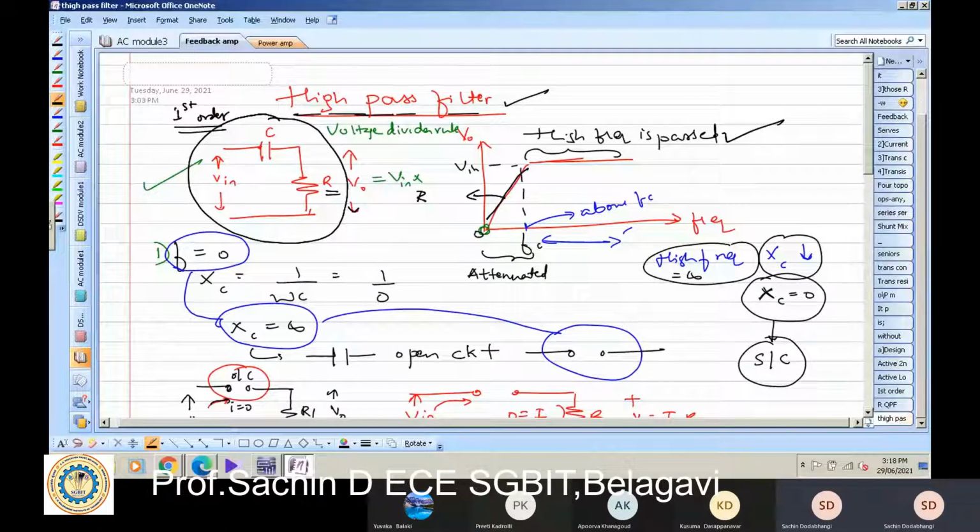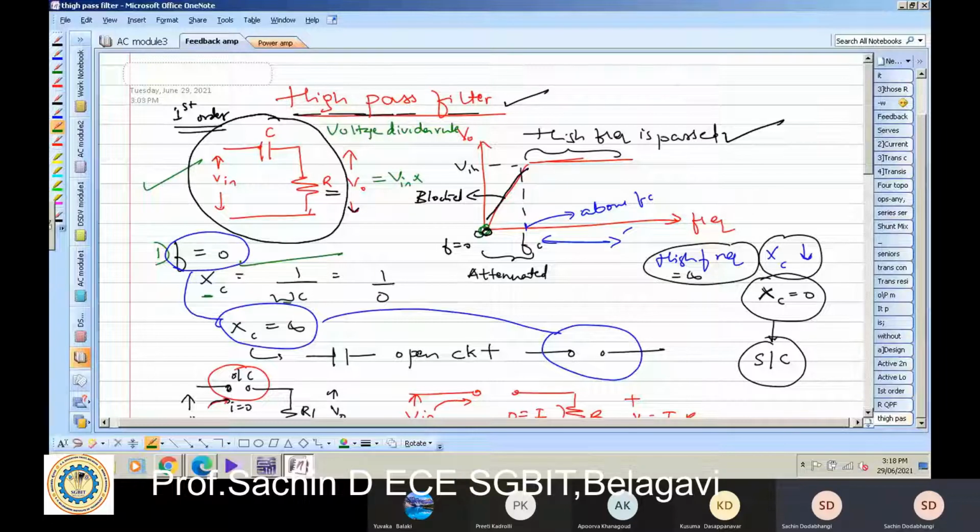Now we are taking the operation of this high pass filter in 3 categories: when the frequency is 0, when the frequency is from 0 to cutoff frequency, and third, when it is more than cutoff frequency. Now when it is 0, I'll tick mark here. When it's 0 frequency, you substitute this 0 into XC, so you'll get 1 by 0.